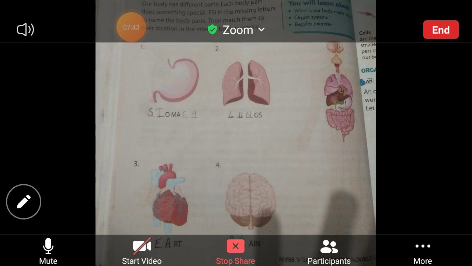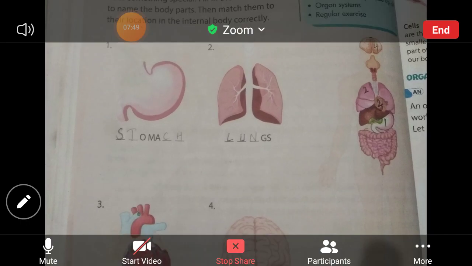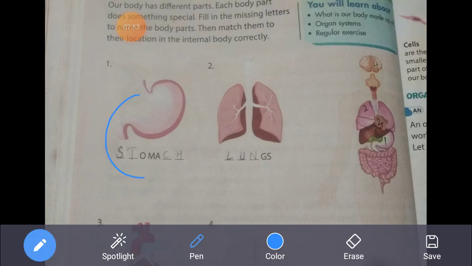See, beta, these are the body parts given to you on this page number. You have to fill the letters. First is your stomach. This is the structure of the stomach. S-T-O-M-A-C-H, stomach. Number 2 is lungs.